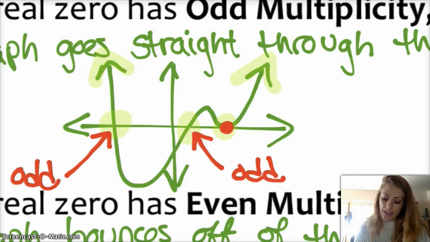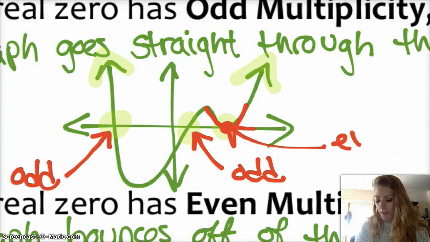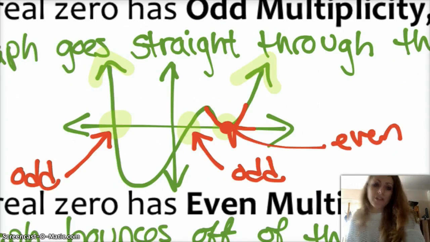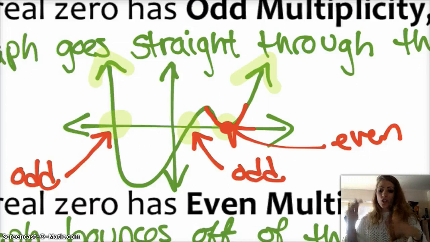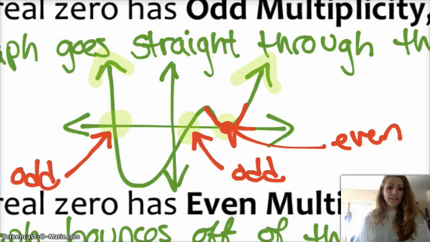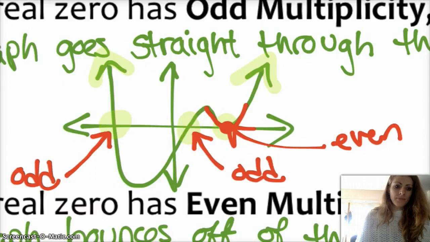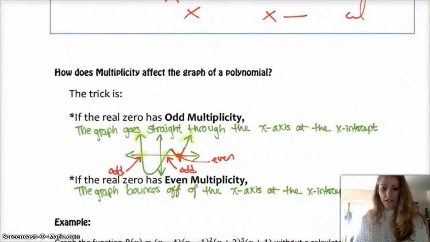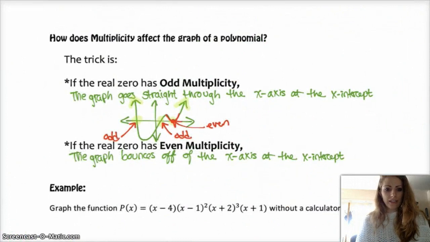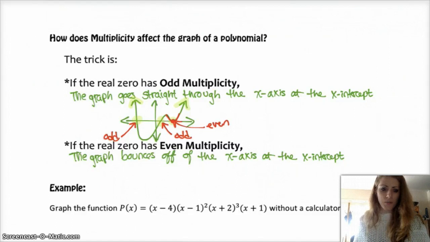And this last one, because it bounces off and doesn't go straight through, has an even multiplicity. So you can have a combination of both in a graph. I just wanted to show you what that might look like. Let's try a few examples, and I'll leave that there for a second so you can take a look at the definitions and explanations.